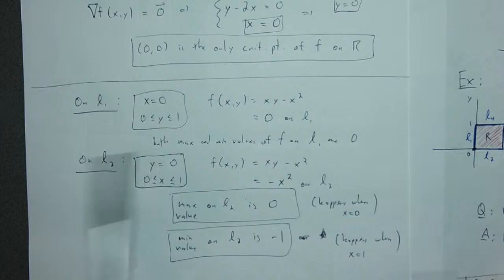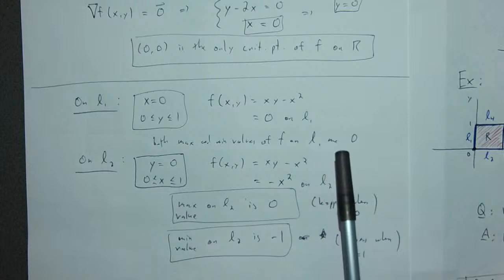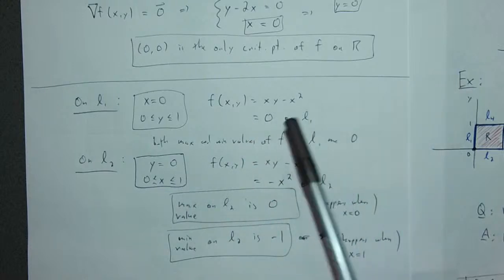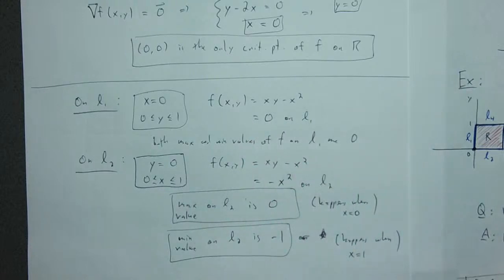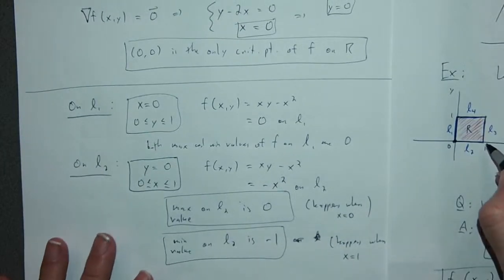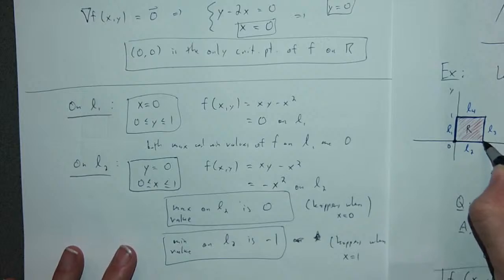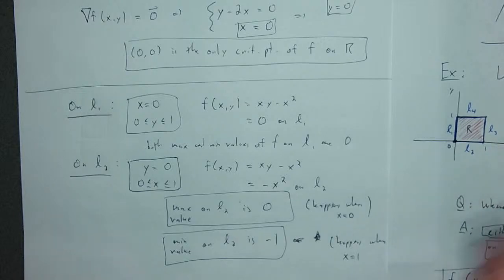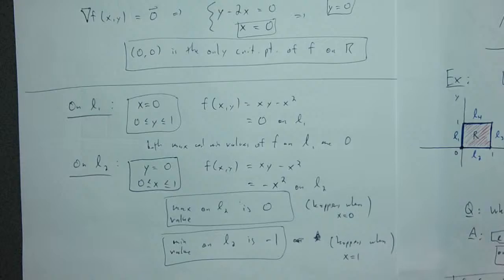So we've already seen that the two values of f that have sparked our interest so far are 0 and minus 1. We already know that minus 1 is attained by f somewhere. In fact, that somewhere is this corner. So in this corner, f is equal to minus 1, so it's below the xy plane here. But right now our largest value of f that we found is 0.